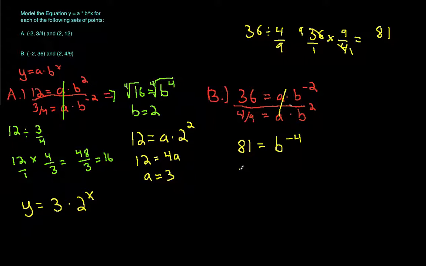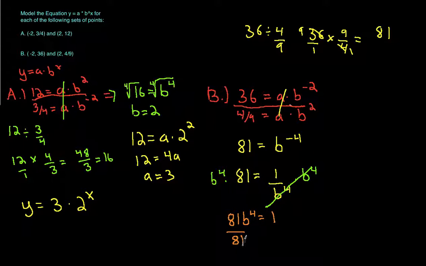What I could do next is take this b to the -4th and drop it into the denominator, so I'm not dealing with a negative exponent. I then need to multiply both sides by b to the 4th, because I do not want my variable in the denominator. What I end up with is 81 times b to the 4th is equal to 1.